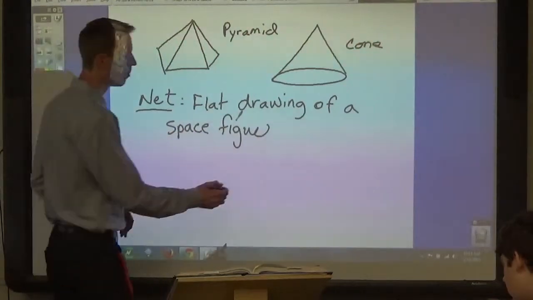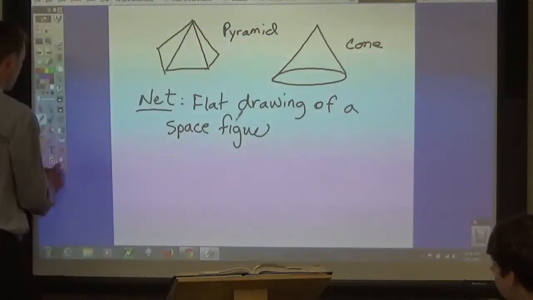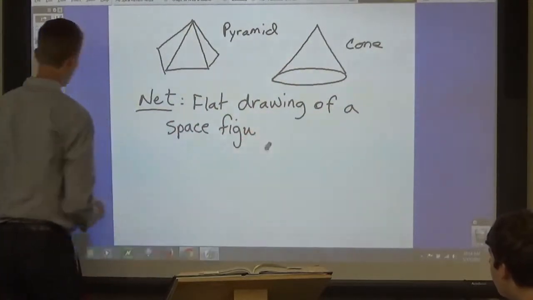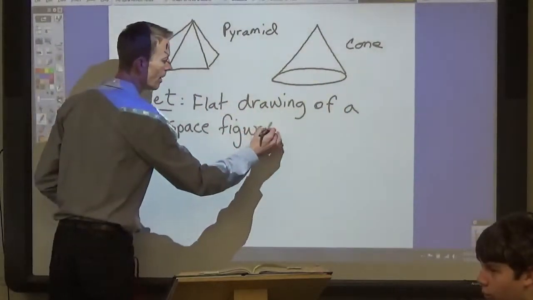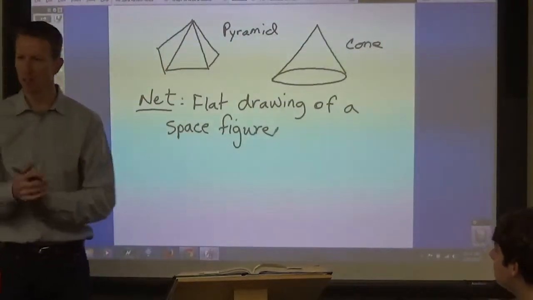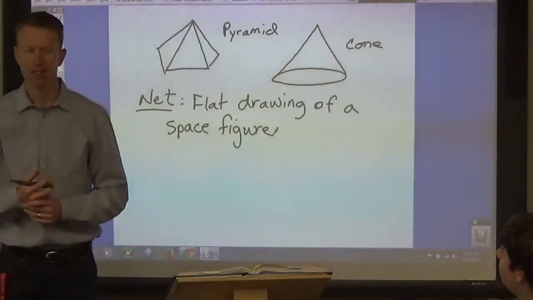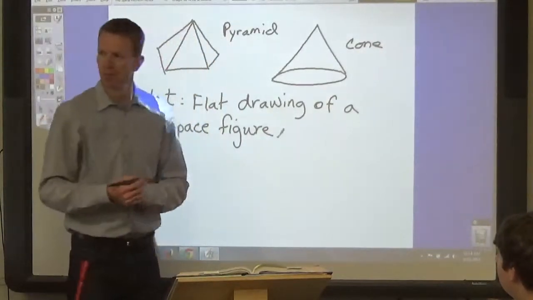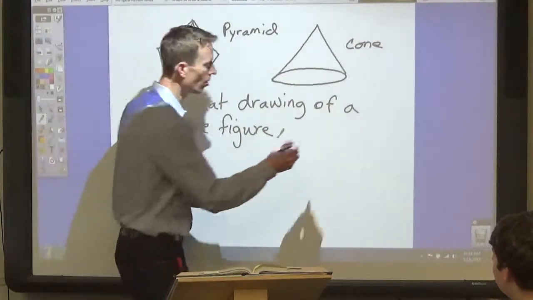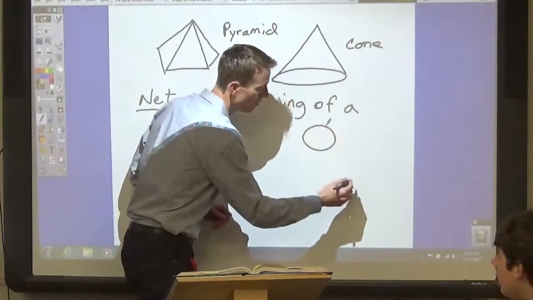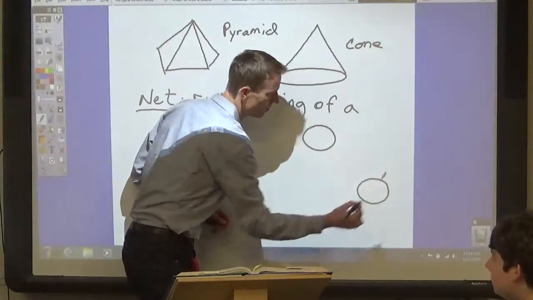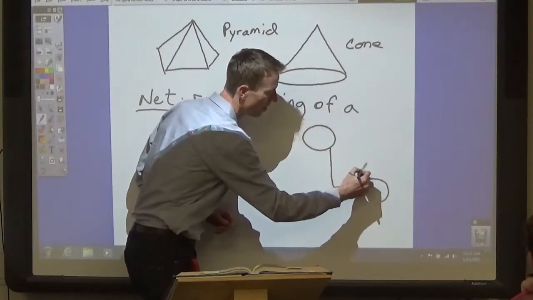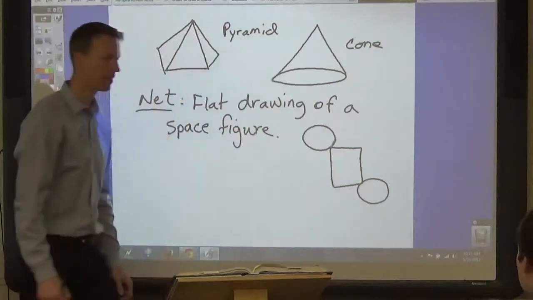So think about, for example, a cylinder. What would a cylinder look like if you unwrapped it, if you laid it down flat? Circle. How many circles would it have? Two circles, and wrapped in a rectangle, wouldn't it?